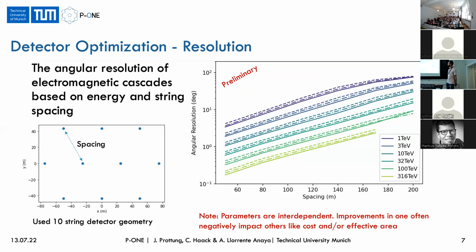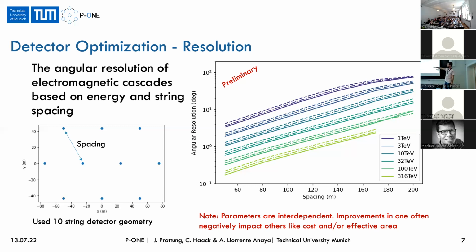Just to underline these optimization efforts, here we varied the spacing of the different lines of the detector, the lines with the different modules. We looked at the different spacings and which angular resolution we get for different neutrino energies, and the different kinds of lines is just how many PMTs there are in one of the modules on the lines.